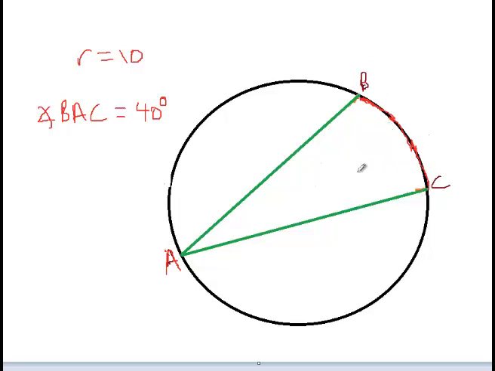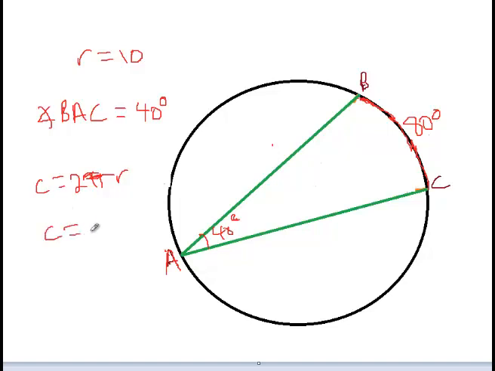Sure you can. The first thing you have to figure out is what angle this takes up. We know that since it's an inscribed angle, it's 1/2 of the measure of the arc it sweeps out. So if this is 40 degrees, then the arc it sweeps out has to be 80. So I'm going to put 80 degrees over here as the arc. Let's take the circumference of the whole circle, 2 pi r. Radius is 10 in this case. 2 times 10 is 20.